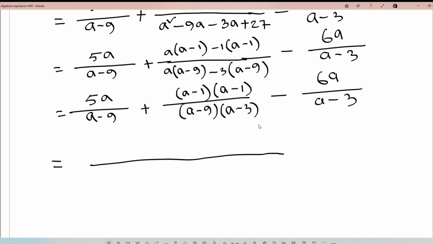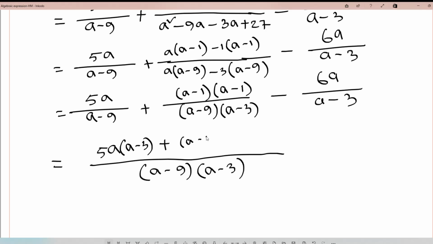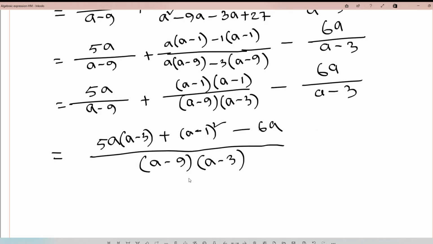So the LCD is a minus 9 into a minus 3. Here is 5a. If we divide this LCD by a minus 9, we will get a minus 3. So we multiply with 5a, plus here is only a minus 1 whole square, and here is my 6a into a minus 9.